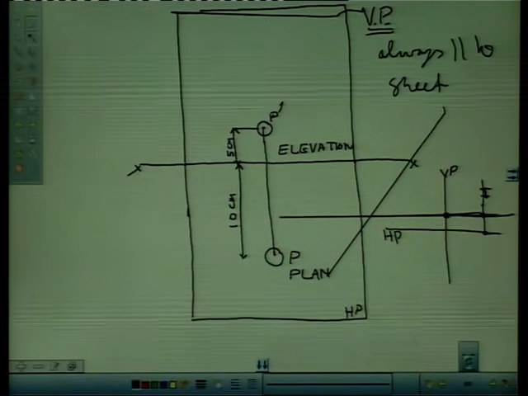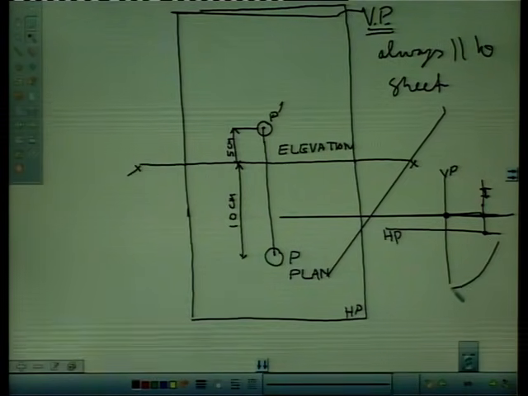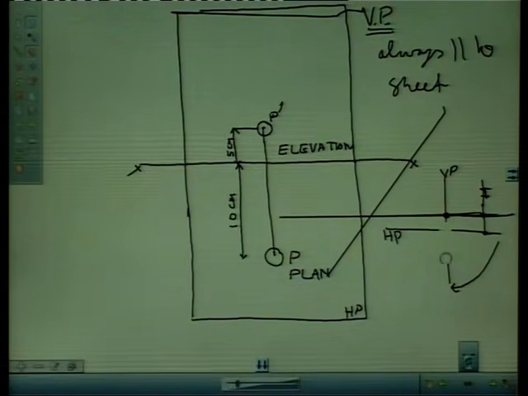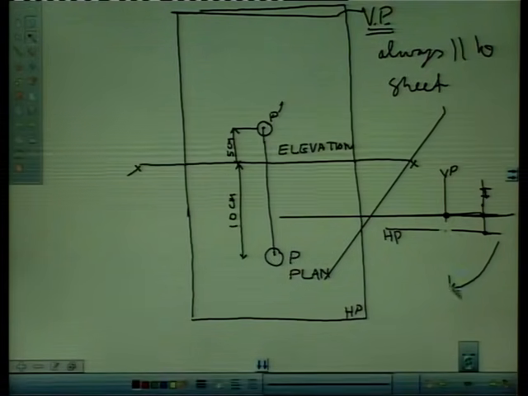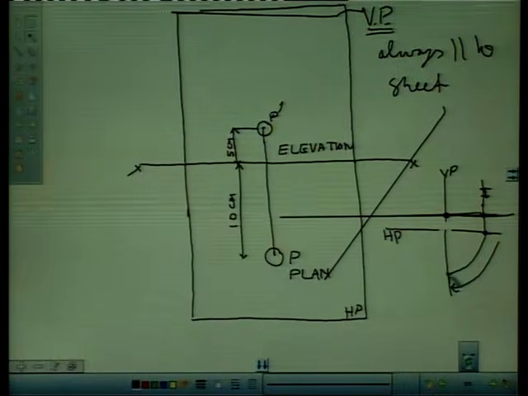We know that horizontal plane will move like this. This plane will come here, so a point will be somewhere here. So, this is what I have drawn here.